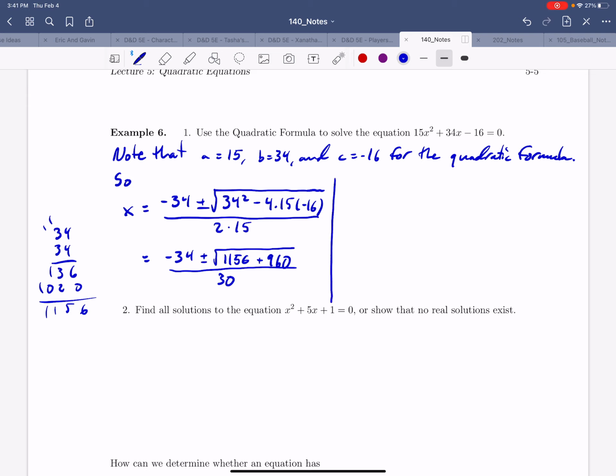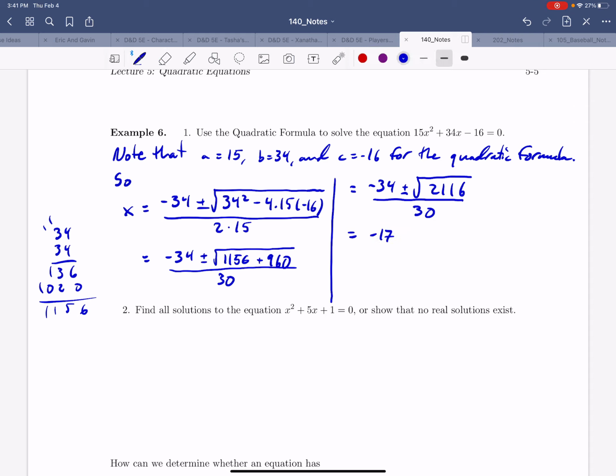And then this becomes negative 34 plus or minus the square root of 2116 all over 30. We can actually reduce this a little bit further, right? Negative 34 over 30, right? We can split the fraction.